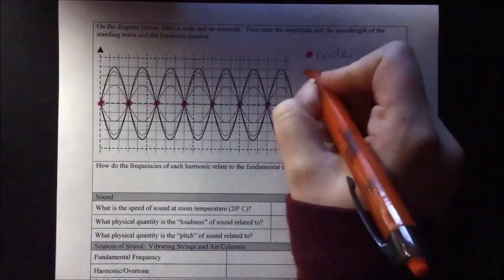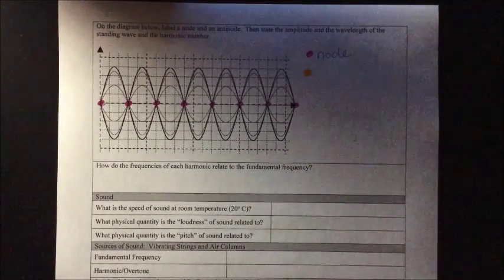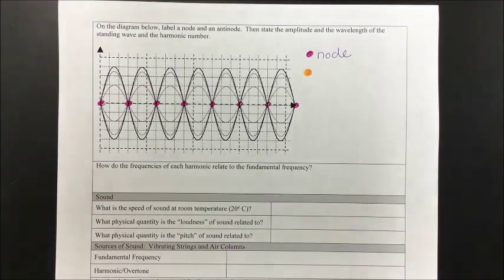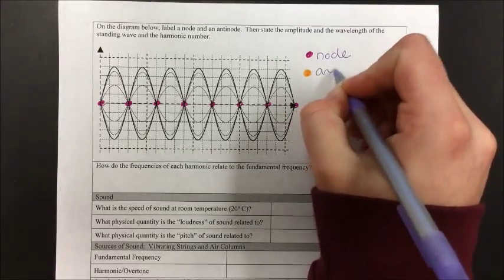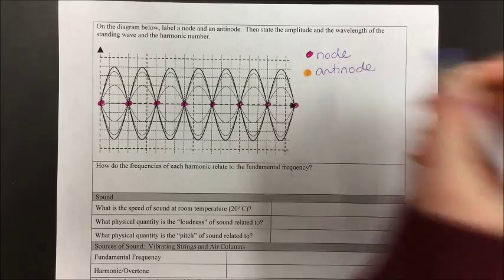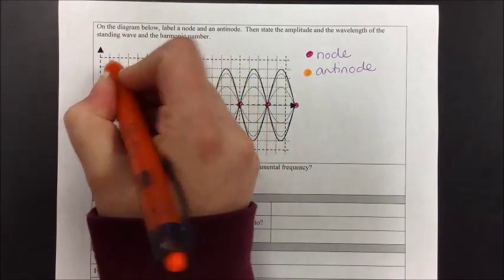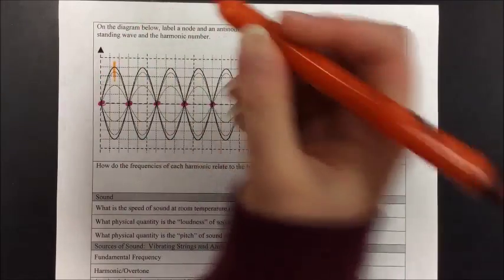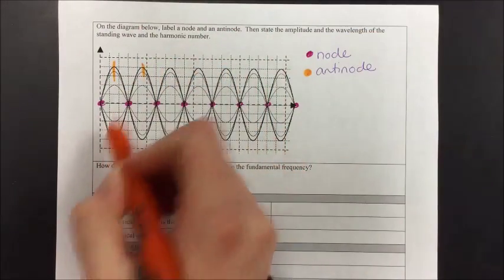The antinodes, I'm going to label in orange. So that's going to be these up here at the top, or the bottom.